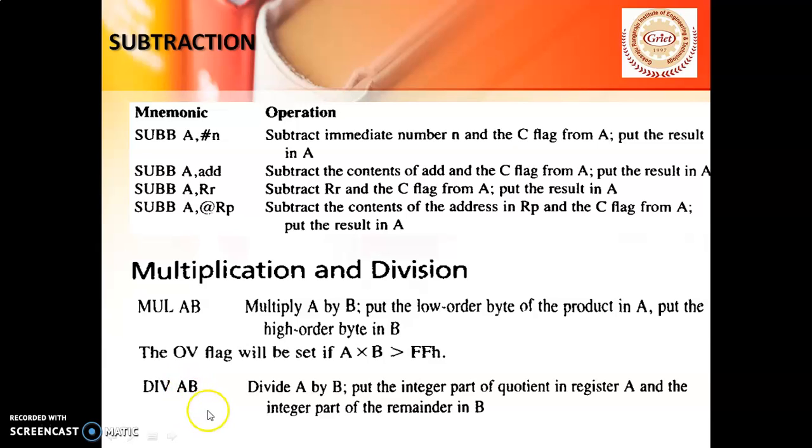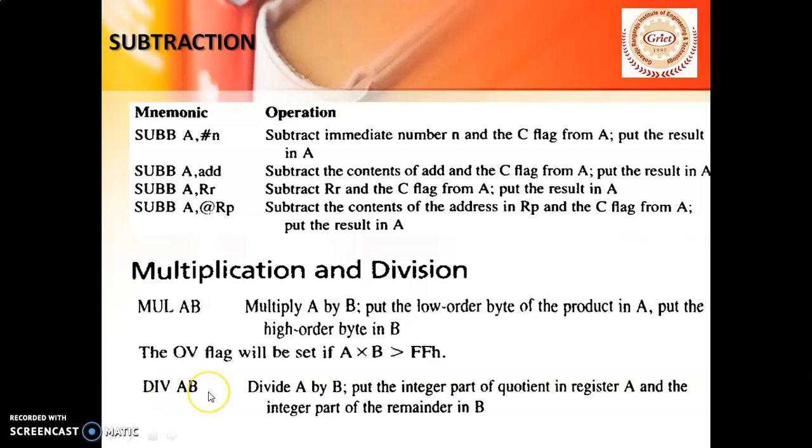After performing the division operation, we say B holds the remainder. Whenever B is equal to 0, the overflow flag will be set to 1. Whenever the B register, that is the remainder, is not equal to 0, then the overflow flag will be set to 0. Remember that even in division operation, the carry flag is always equal to 0.